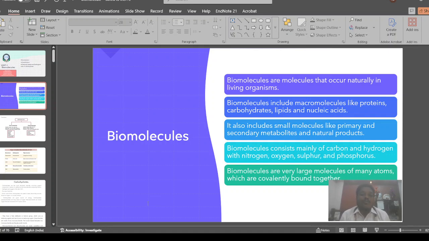It also includes small molecules like primary and secondary metabolites and natural products. Biomolecules consist mainly of carbon, hydrogen, nitrogen, oxygen, sulfur, and phosphorus. These are the elements which are seen generally in biomolecules. Biomolecules are very large molecules of many atoms which are covalently bonded together.